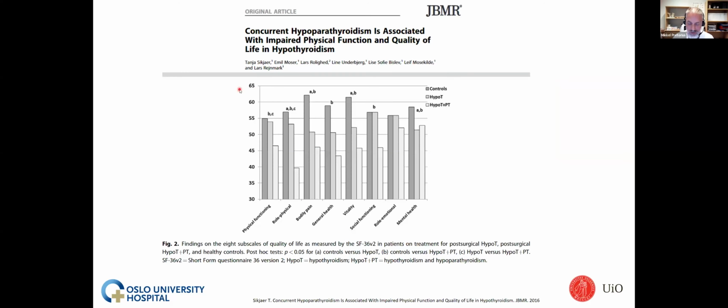In addition, as you are probably aware, if you are following these patients, many of these are not doing very well. And this is a beautiful study by Tanja Sichar, which compares the hypoparathyroid patients to the hypothyroidism patients. And you can see that they generally have a much lower quality of life.